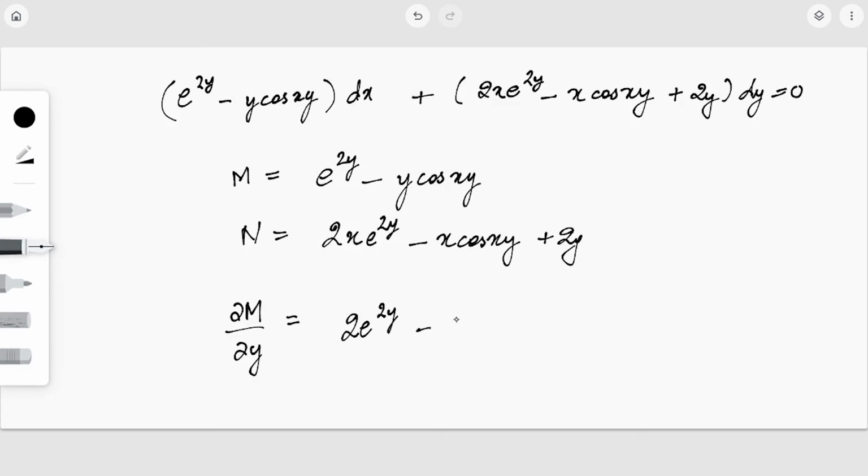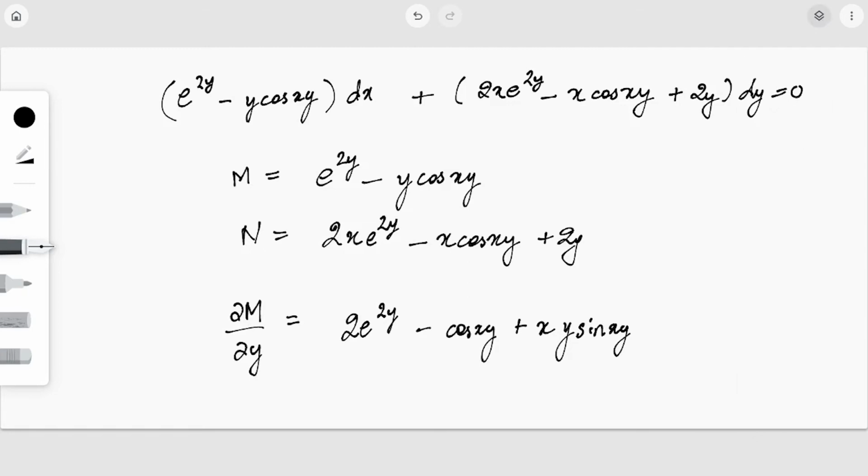So this will be minus cos xy minus, since the derivative of y is 1 and the derivative of cos is minus sin, it is x y sin xy. So this is dou M by dou y.